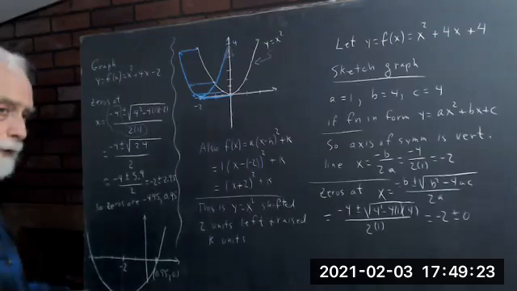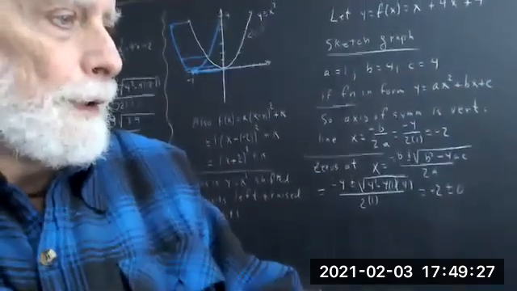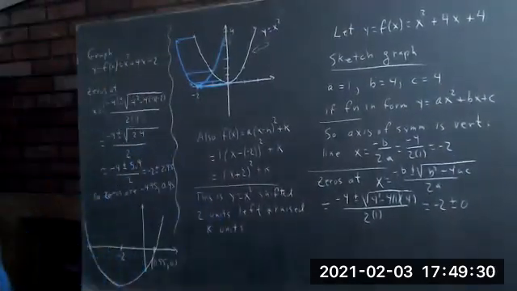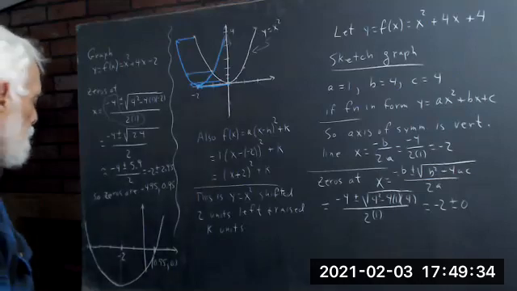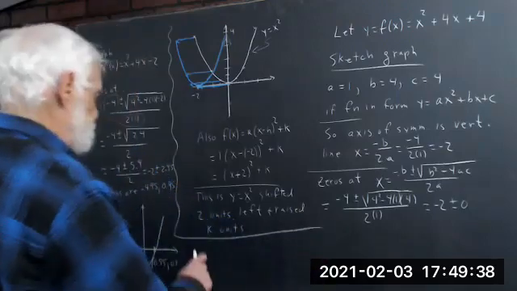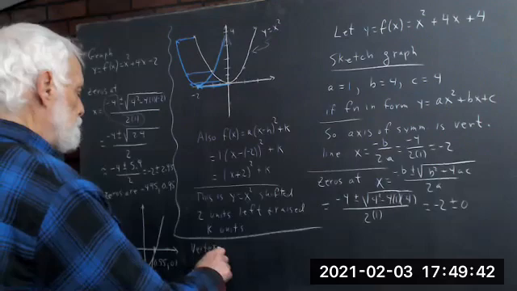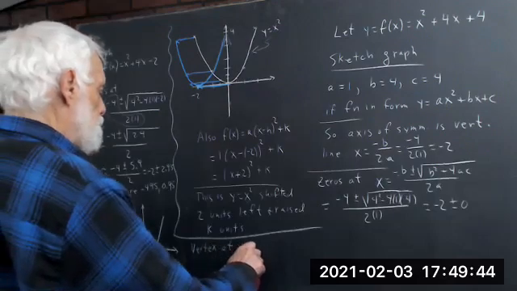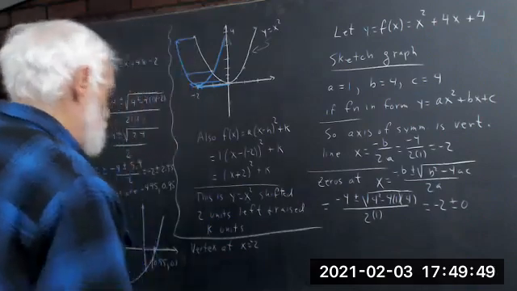If I want to know the coordinates of this point, and I often do, down where we can see that point. Okay, there's the point. Now, where is the vertex? The vertex is at x equals -2.